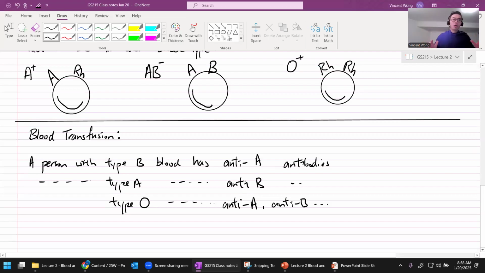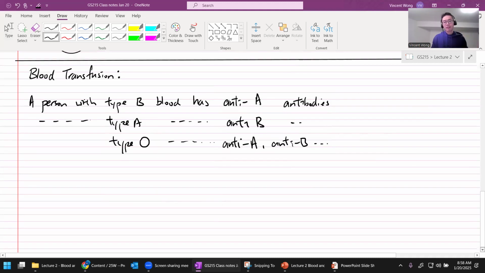Now, for all intents and purposes, these people pretty much are born with these antibodies. Okay. If you're a type B person, you are born with anti-A antibodies. If you're a type A person, you are born with anti-B antibodies, right? But that's not the case for RH. Okay. So let me just make a quick note here.